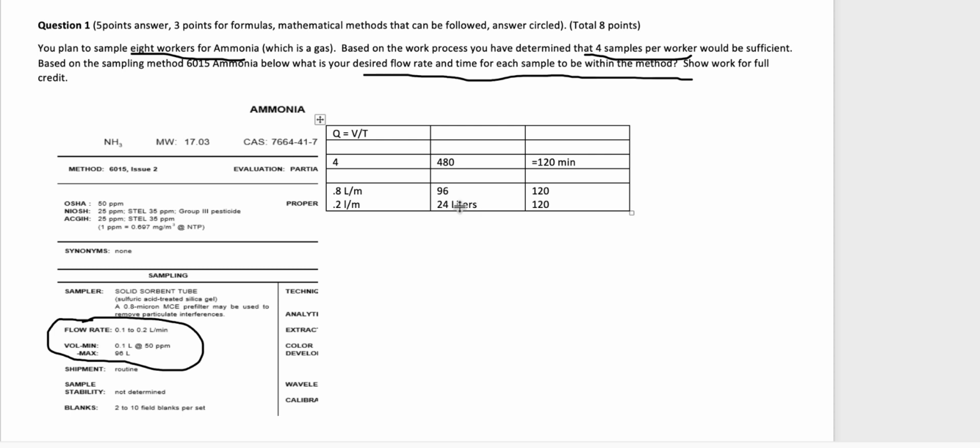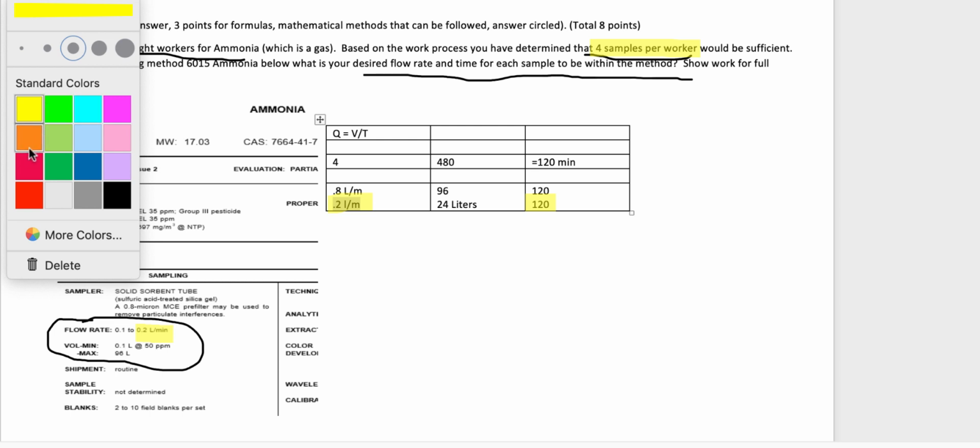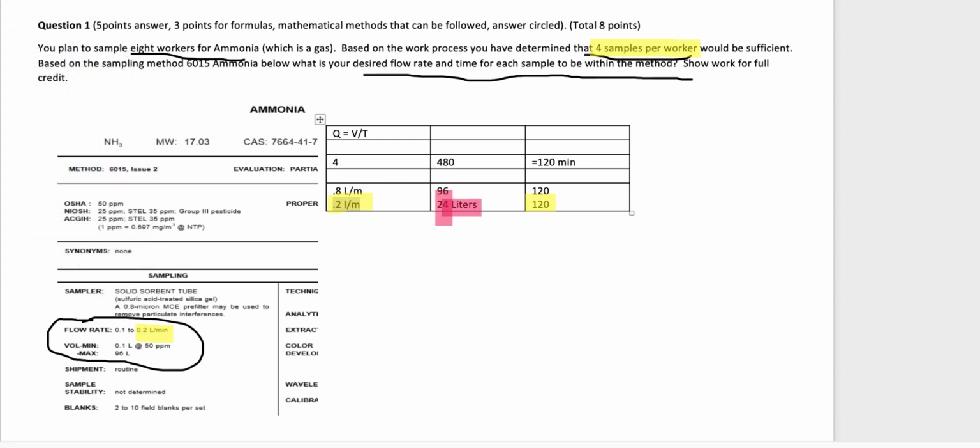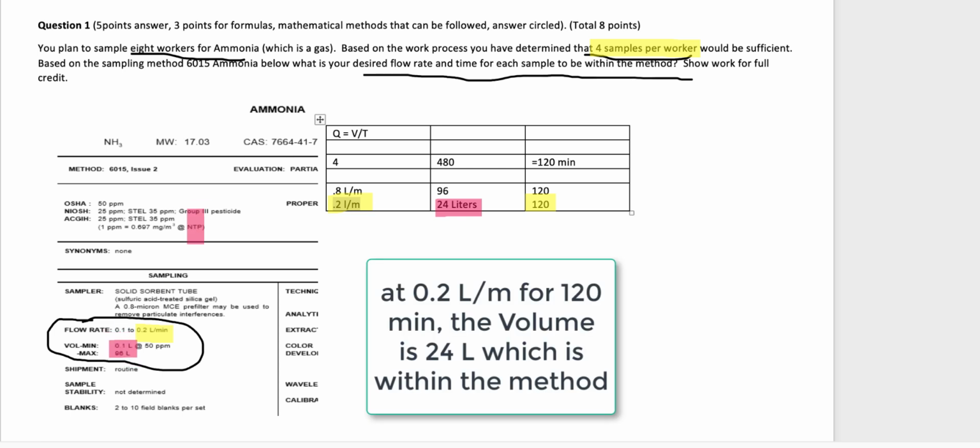And therefore, if we set our sampling pump to 0.2 liters per minute, which is within our method, and we sample for 120 minutes, which gives us 4 samples per worker, we would draw 24 liters of air, which is well within our method.